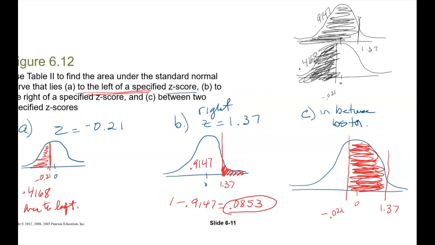Before I tell you, I want you to think about how I can use that information to get what is in between the two of them. So did you figure it out? You have to subtract the two areas. You've got to take the area here, which was 0.9147, and subtract that area of 0.4168.